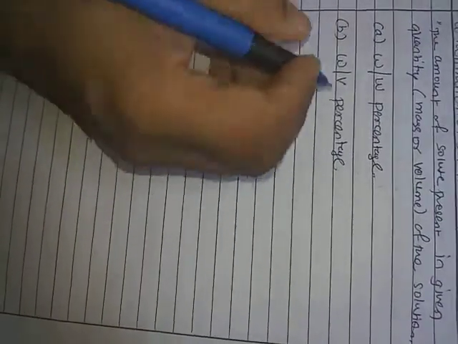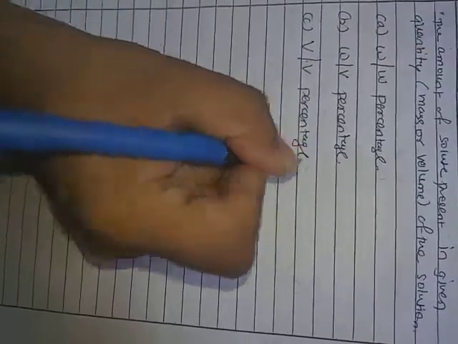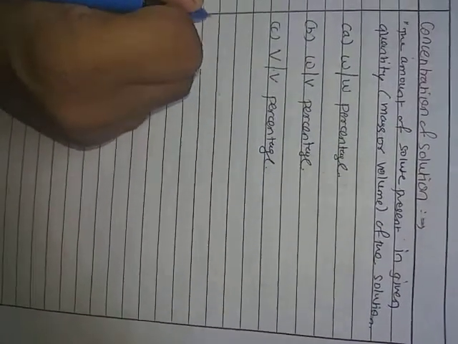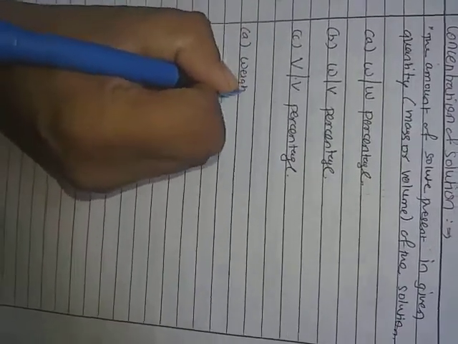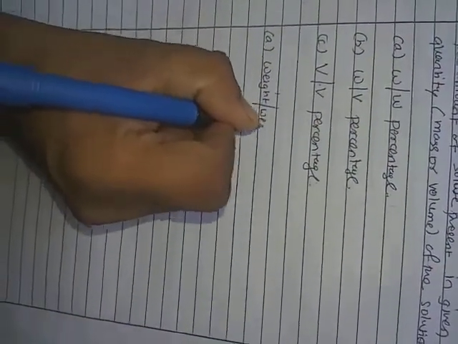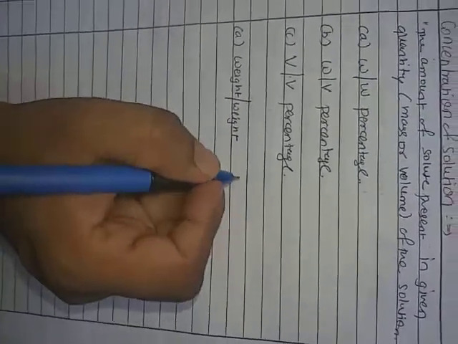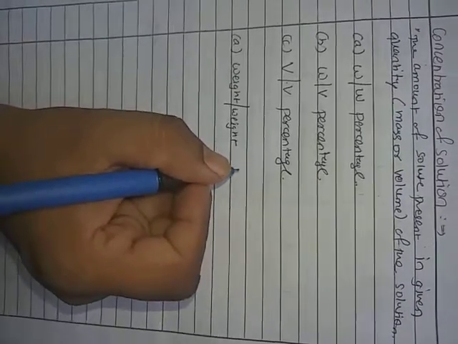And small c, volume by volume percentage. So such type of solutions we have to prepare. First, small a, weight by weight: that word itself suggests weight by weight percentage.